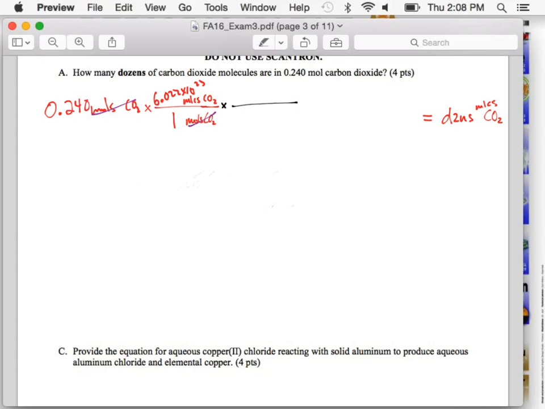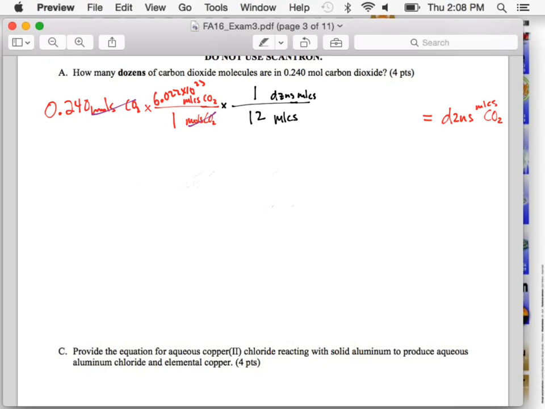No, so what can I do? I want molecules to disappear and I want dozens of molecules to appear. What is the relationship between dozens of something and something else? There are 12 molecules in 1 dozen. What happens? You go straight across and you got your answer.